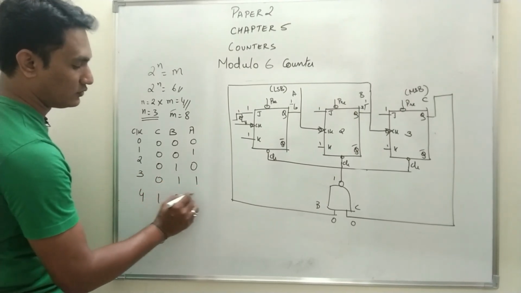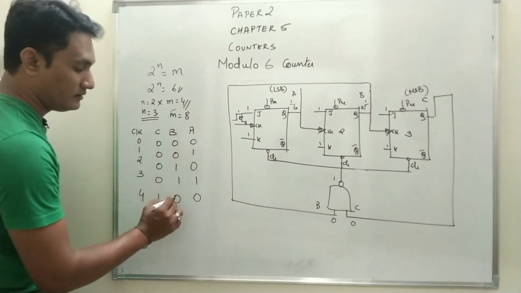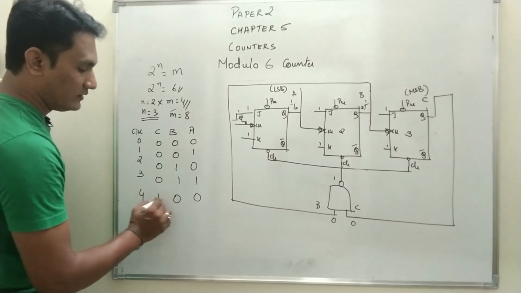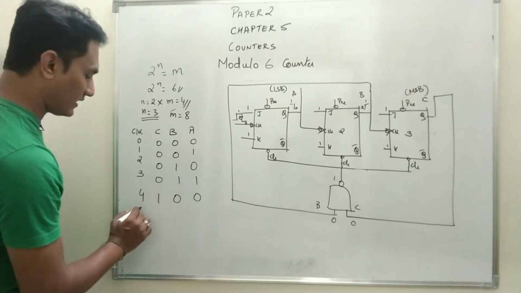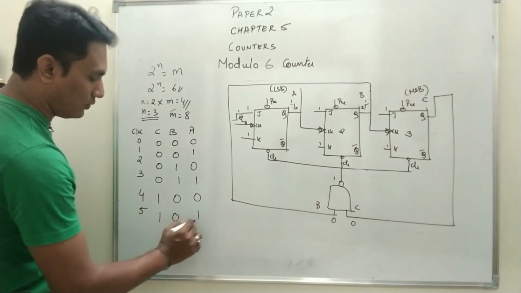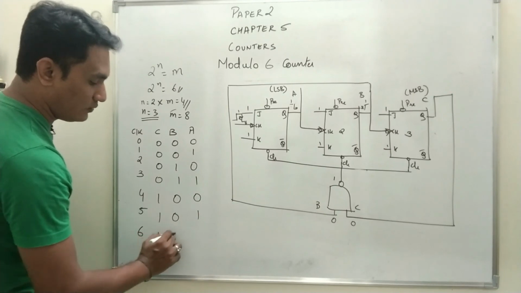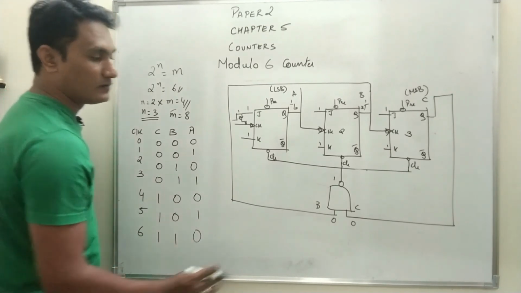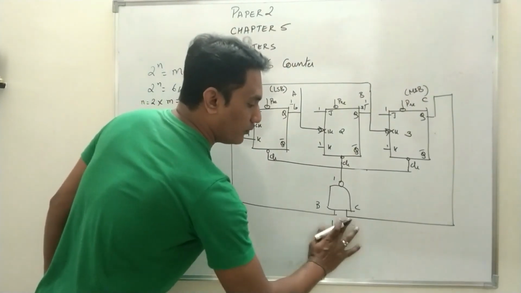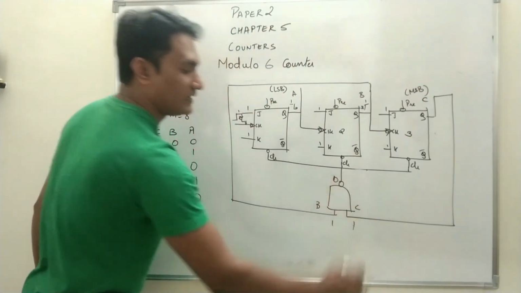Fourth 1 0 0. Now C has become 1, B is now 0. So if any one of the inputs is 0, the output of the NAND gate is 1. Clear terminal is deactivated. Fifth 1 0 1. Sixth 1 1 0. At this point, both the inputs become 1. So B and C both are 1. So output of the NAND gate will become 0.